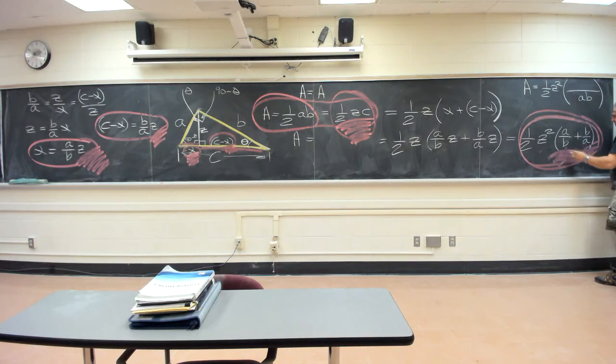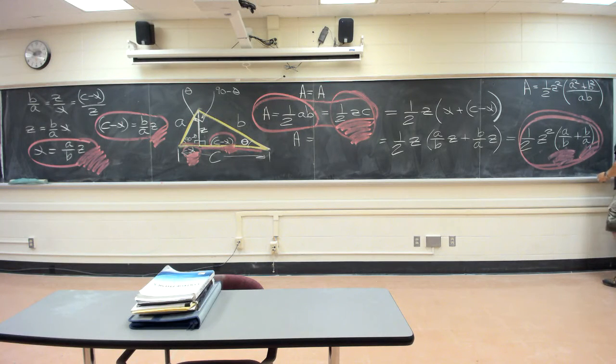Special one is A over A times A over B, that's A squared over AB. Special one here is B over B, that's B squared over AB.